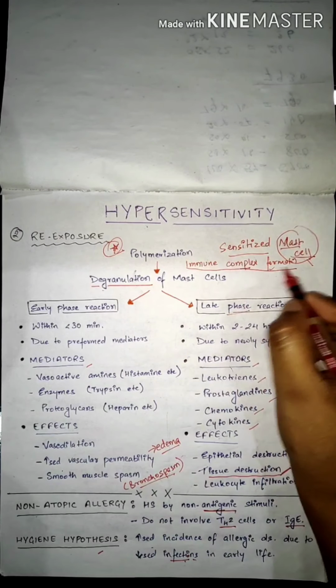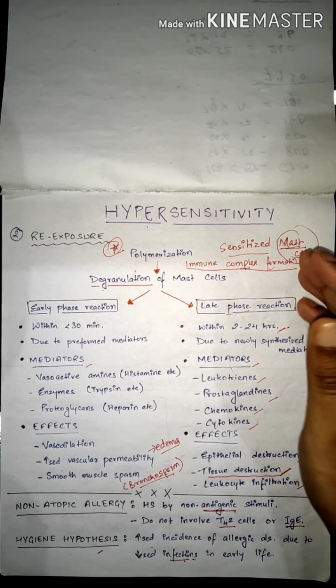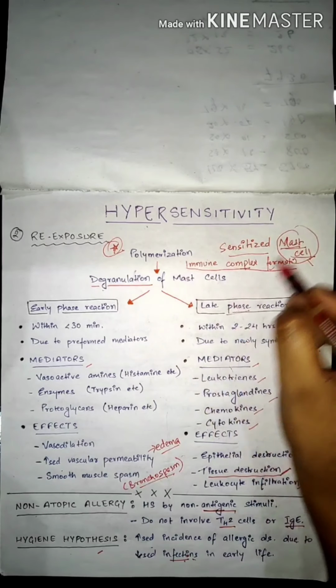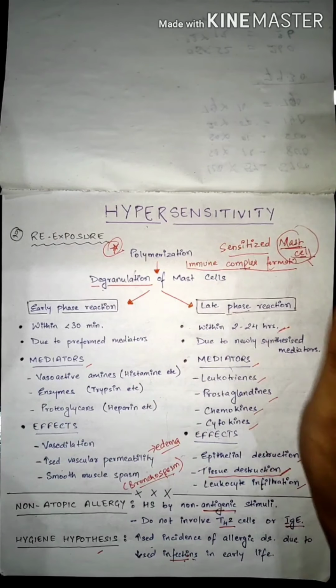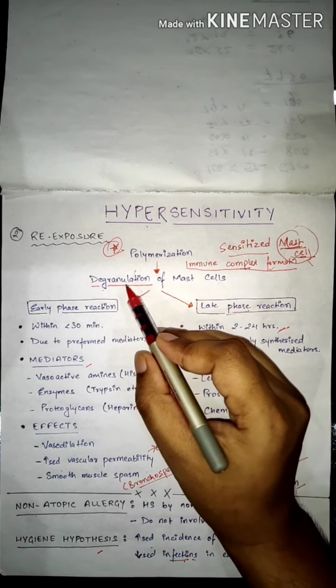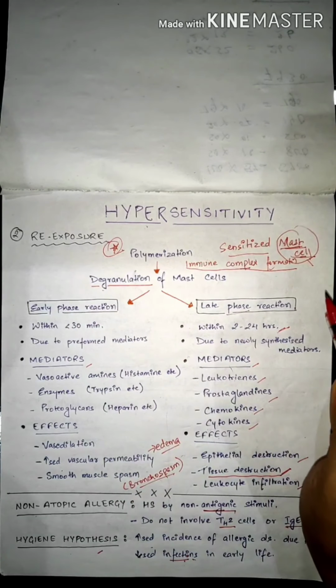This polymerization will occur on the sensitized mast cell, since the antibodies are present on the mast cell, which will lead to its degranulation, and degranulation in turn will lead to early phase reaction and late phase reactions.